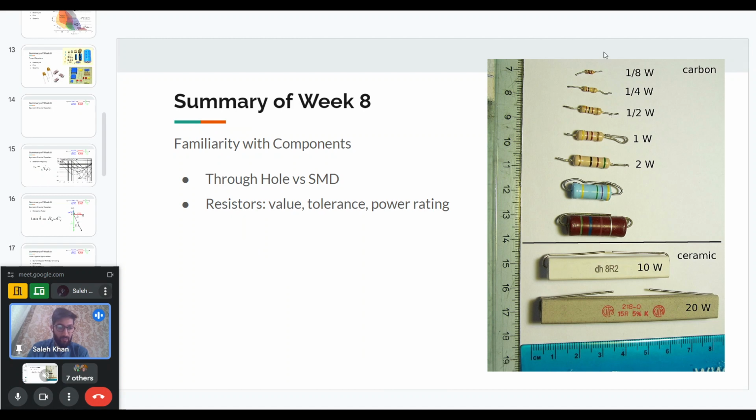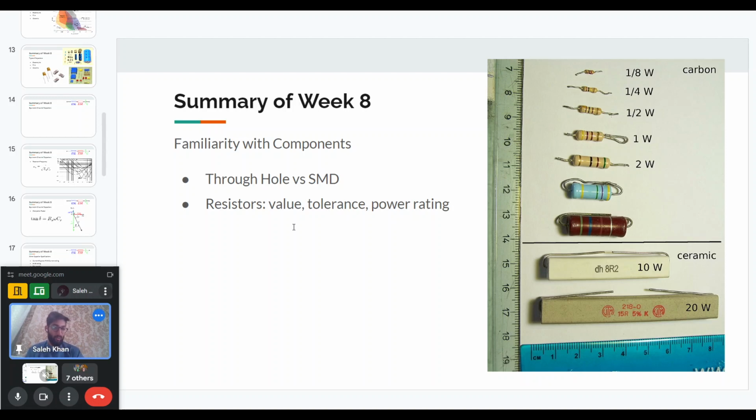So as you can see here, for resistors, if you want to use a resistor in your circuit, the resistor will have three ratings that are important. One is the value of the resistance that you want. Another is the tolerance. That means because of the manufacturing inconsistencies, your resistor may not have exactly the value that is written on the data sheet, but it will have some tolerance.